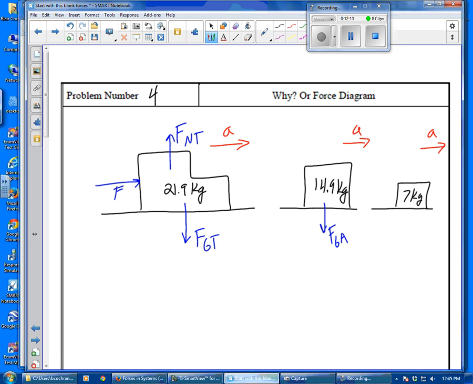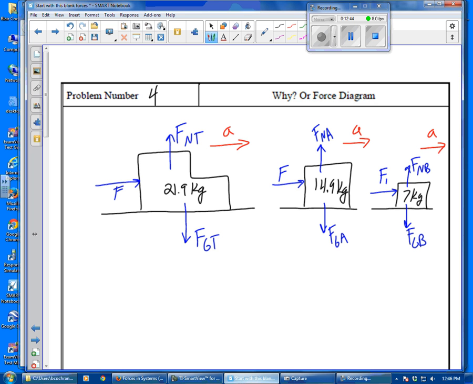The weight of A, the weight of B, force normal B, force normal A. The 14.9 is going to push on the smaller one, so we'll call that F1.